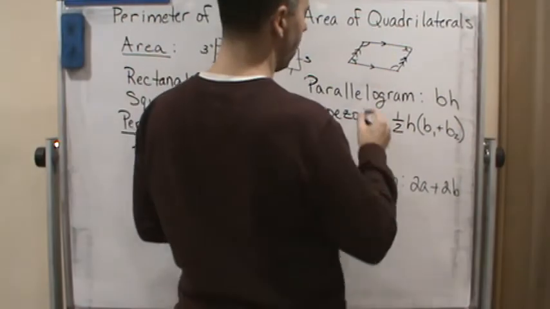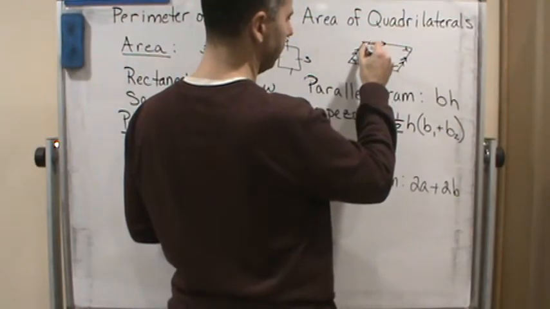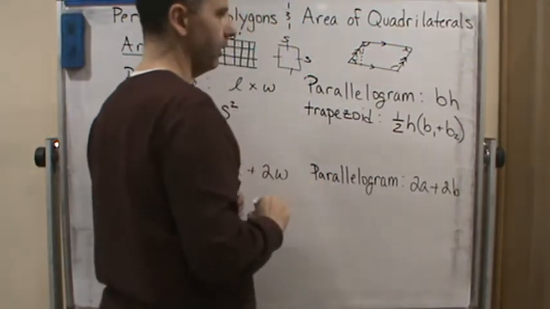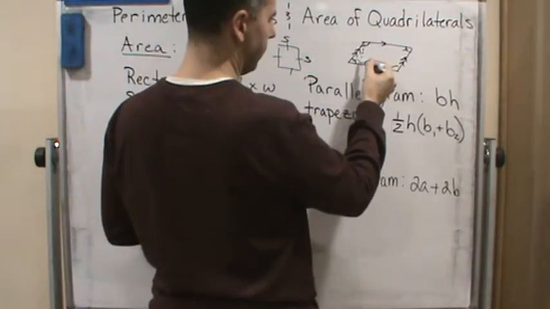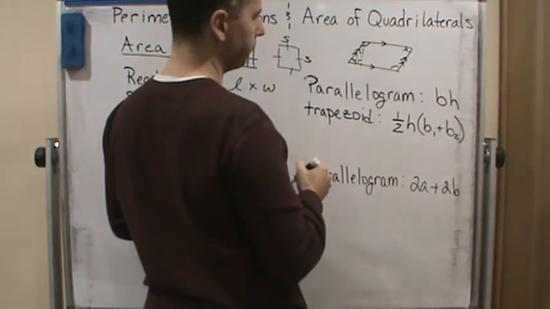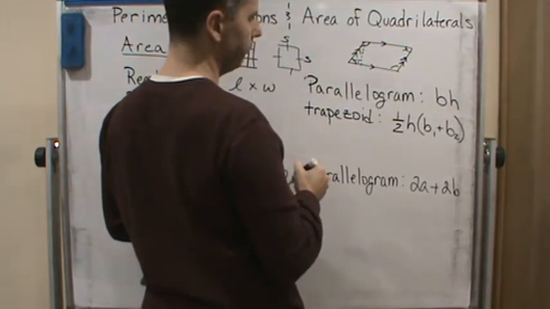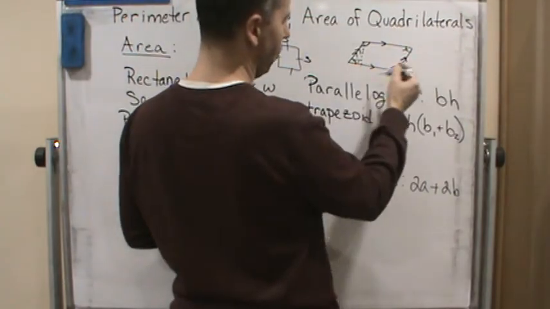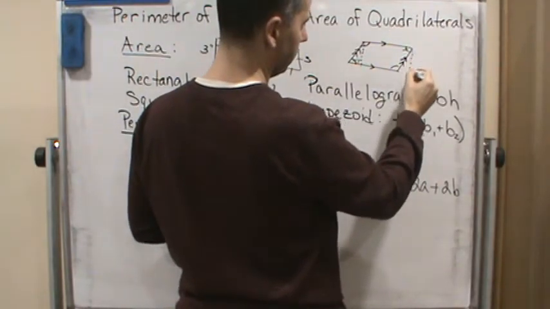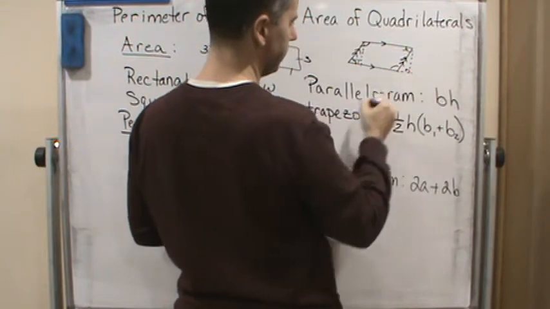Okay, so if we draw a line from this angle straight down and make a right triangle, right? We can slide this over to this side.